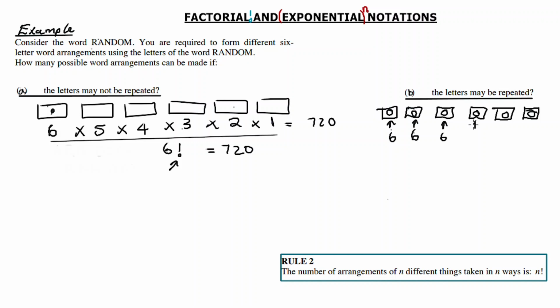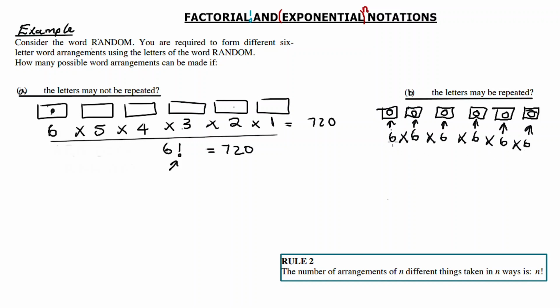For the fourth block, I have 6 choices again because I can repeat. For the fifth, 6 choices. For the last one, I also have 6 choices. In order to find the different word arrangements, I can just say I can times all.